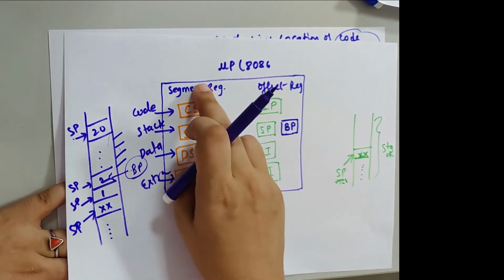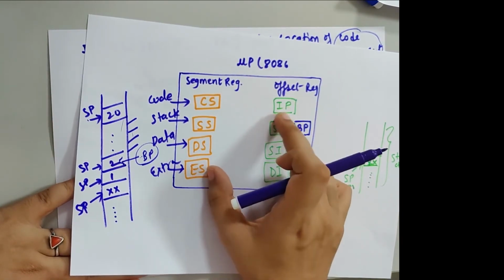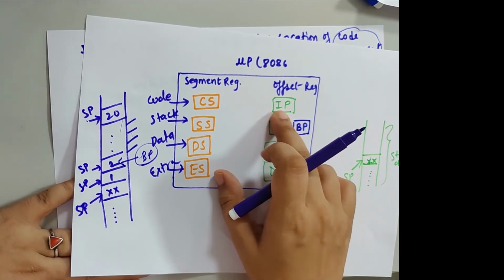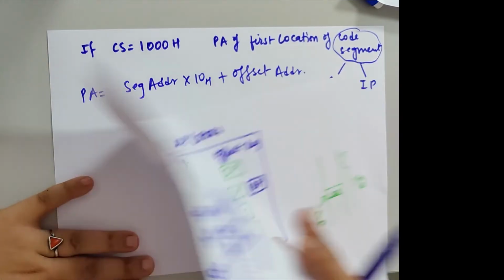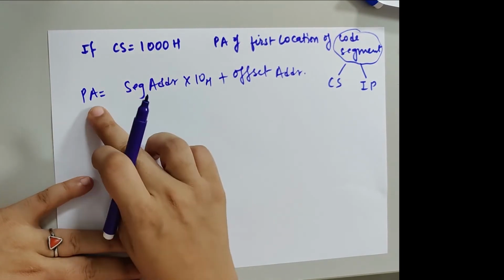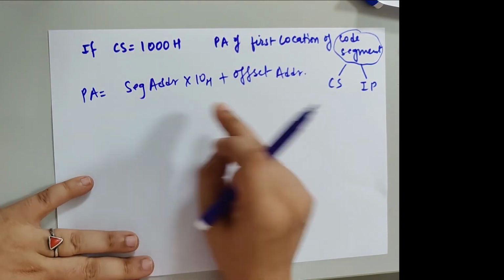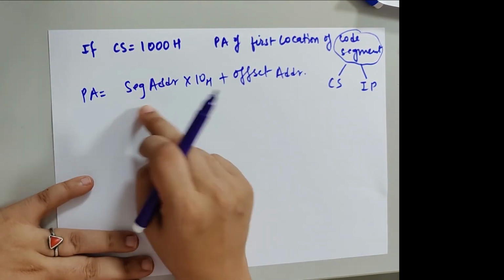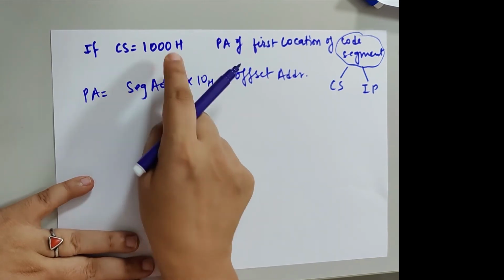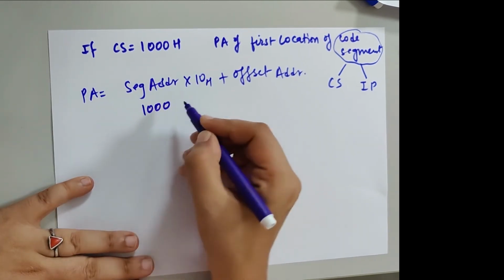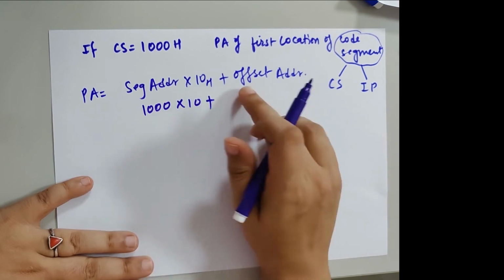For the code segment, the segment register is CS and the offset register is IP. To get the physical address, I need to see the values in the segment register and the offset register. The segment register for the code segment is CS. So what is the value given here? Into 10 plus offset address.